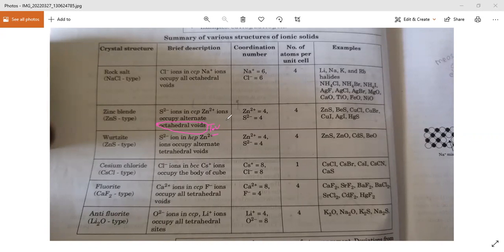In the case of zinc blende, it is a CCP lattice. In the case of wurtzite, it is a HCP lattice. So that is the only difference. And again, the coordination number will be the same. Zn plus 2 and S minus 2 both will have coordination number 4, which is mostly common in the case of ZnS, ZnO, CdS, and BeO.